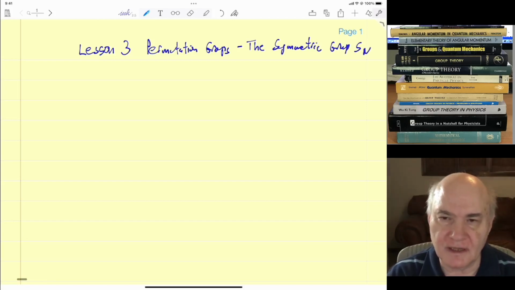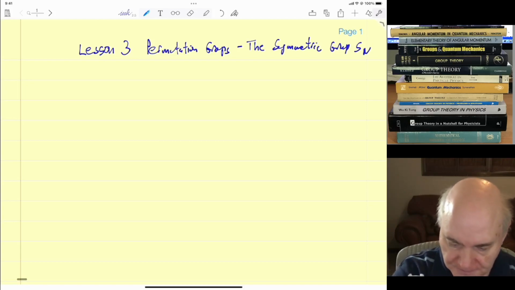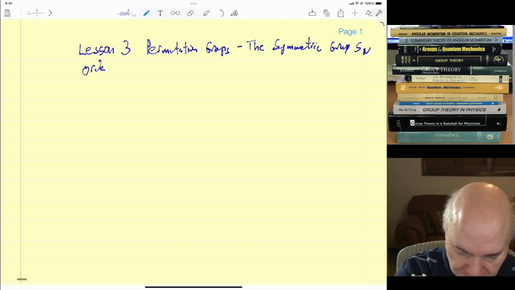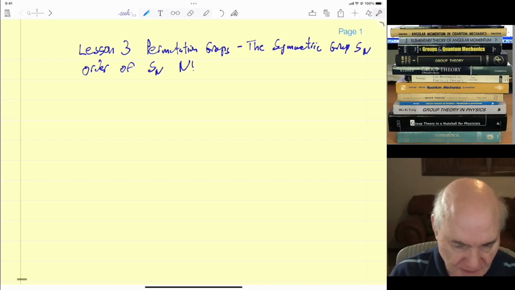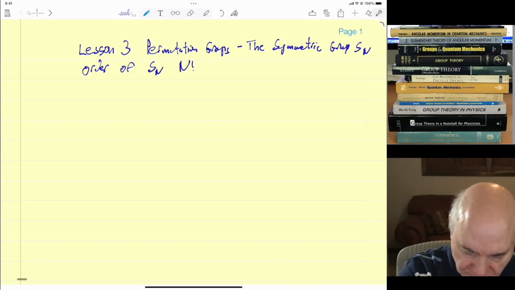So if we have n objects, the permutation group will permute those n objects. The order of Sn is n factorial.